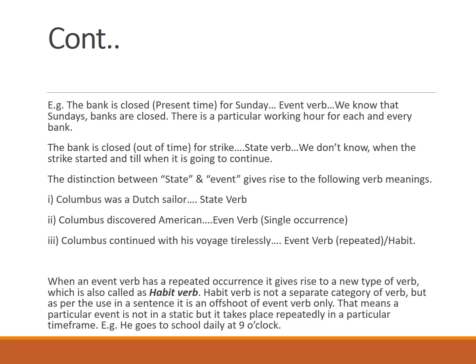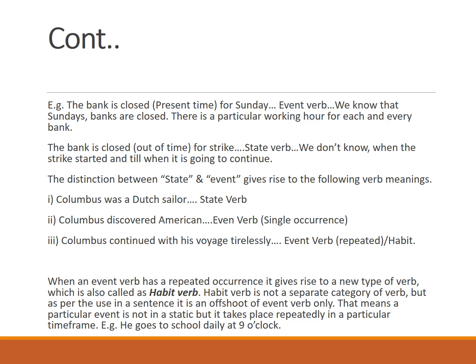So maybe some banks open on Sunday for a specific time period, for 1 hour, for 2 hours, for some reasons. So normally the banks are closed, but when we say here the bank is closed, present time, for Sunday, event verb, we know that this is a particular time period. So this is the best example.